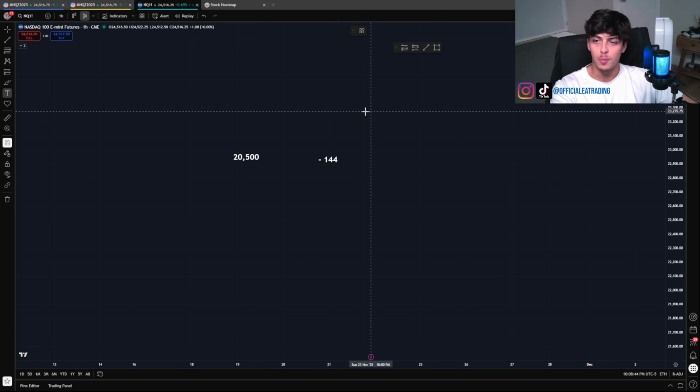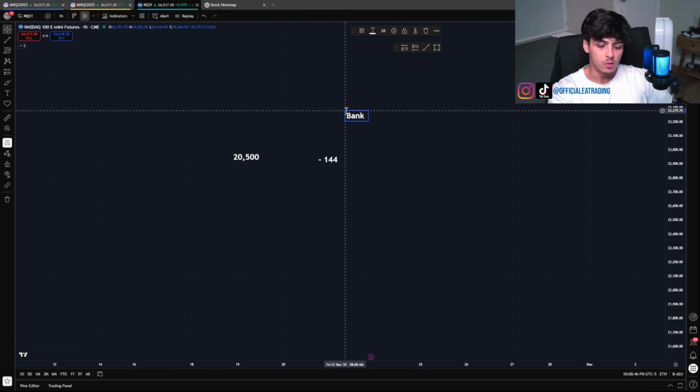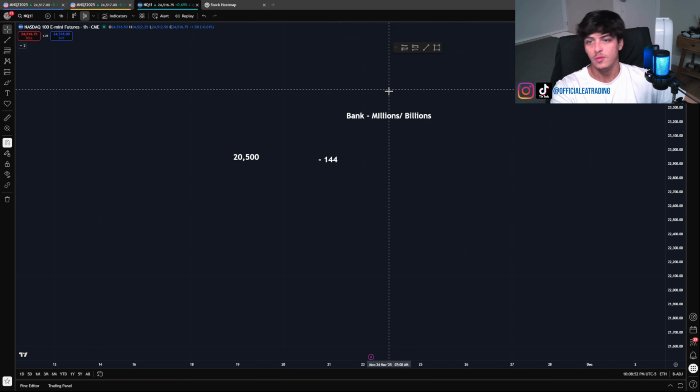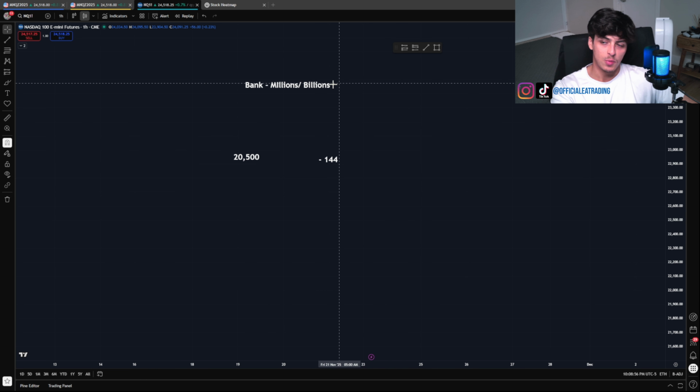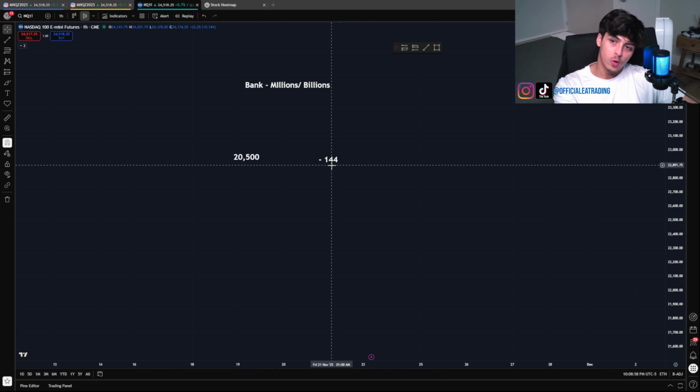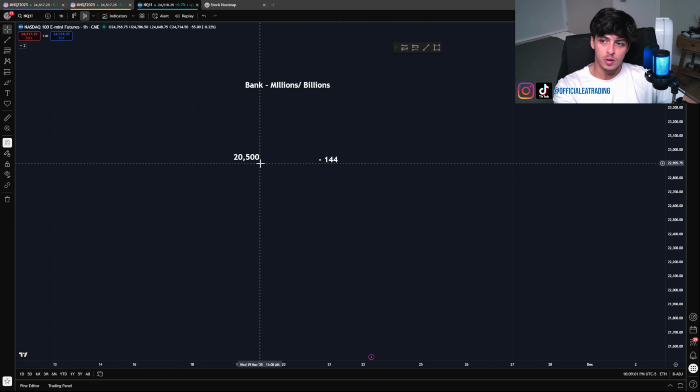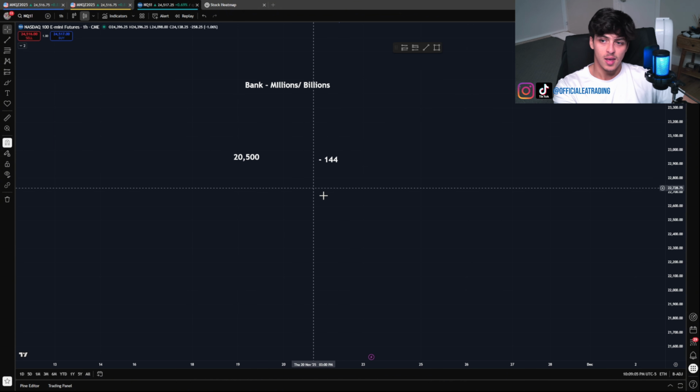Now, think of a bank. A bank moves millions, if not billions, of dollars, right? So you can already see where I'm going with this. If there are 144 orders and the bank wants to purchase or sell at this price, they can't fill all their orders right here because there are only 144 of them. They need more.